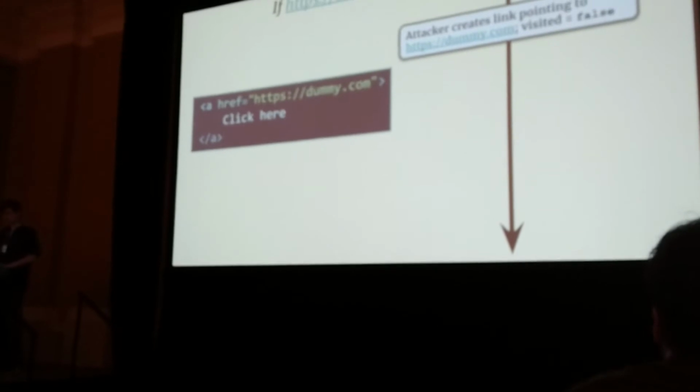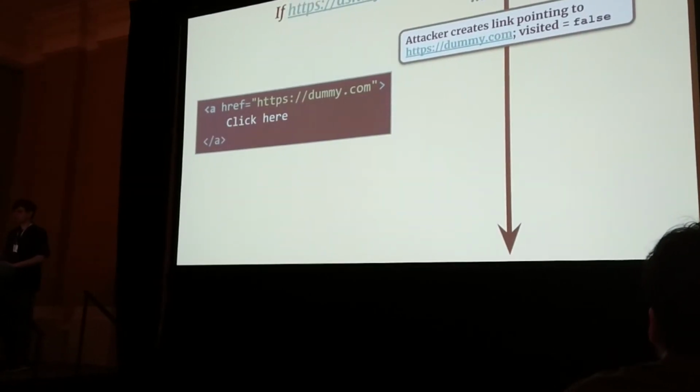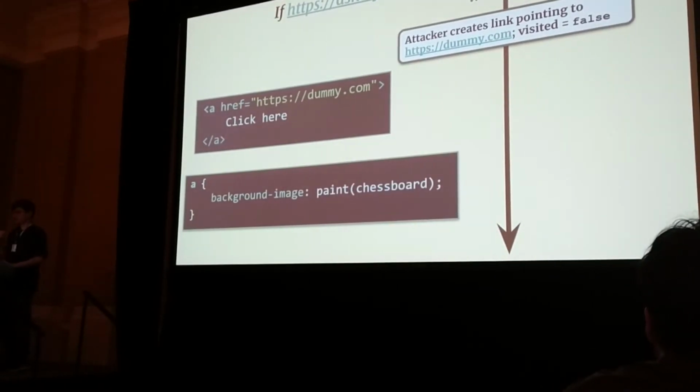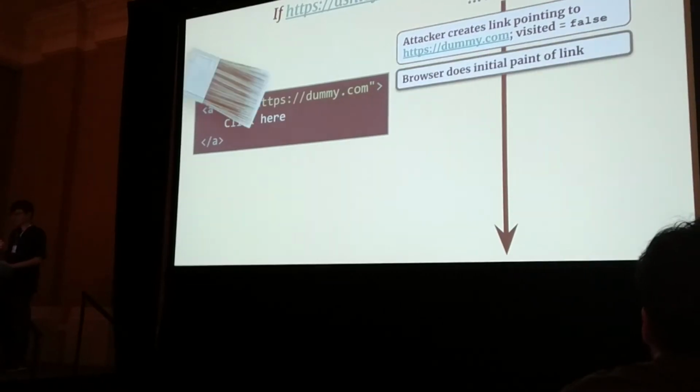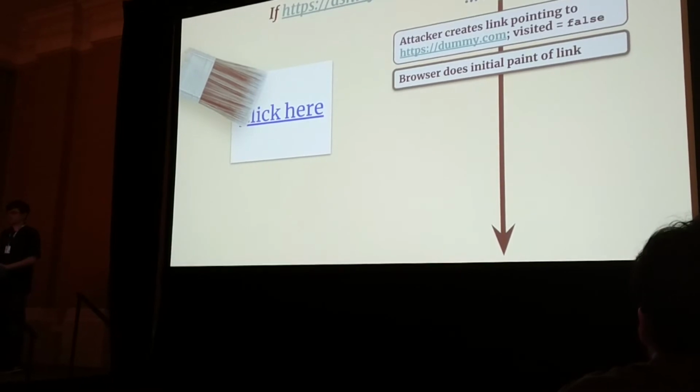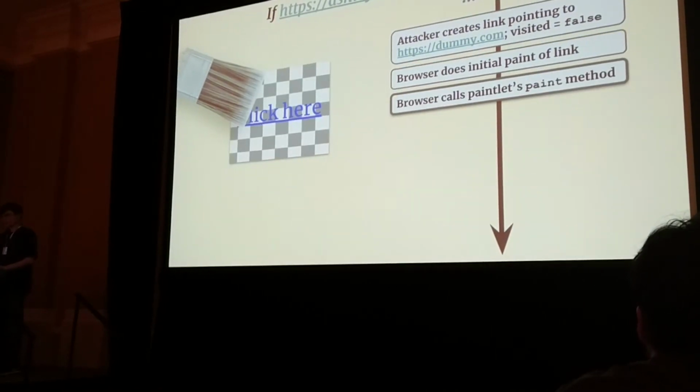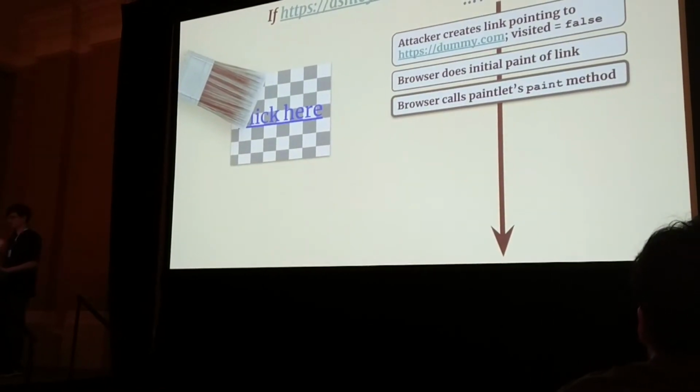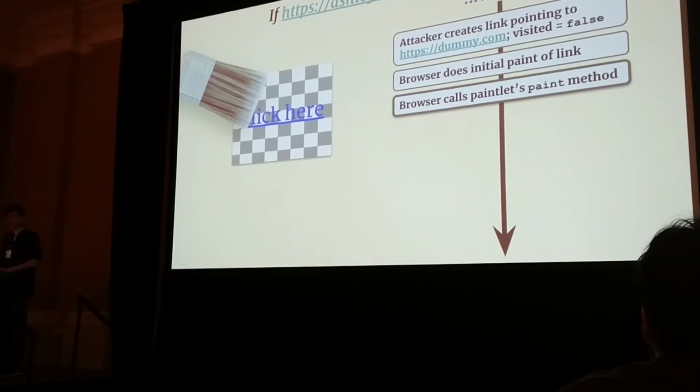Starting from the top, again, we create that link element pointing to an unvisited dummy URL. We make sure to set its background image to be painted by our paintlet. And again, the victim's browser does the initial paint of the link element, coloring it blue because its visited bit is false. And again, as part of painting the link, the browser has to call into our paintlet script to generate its background image.